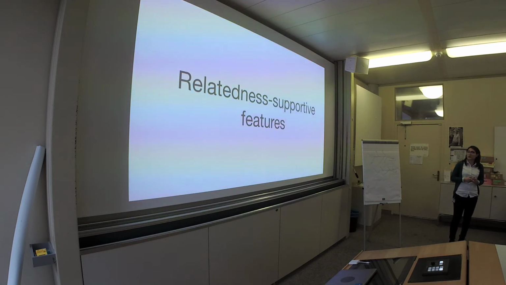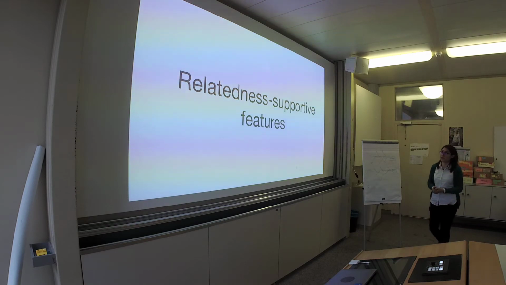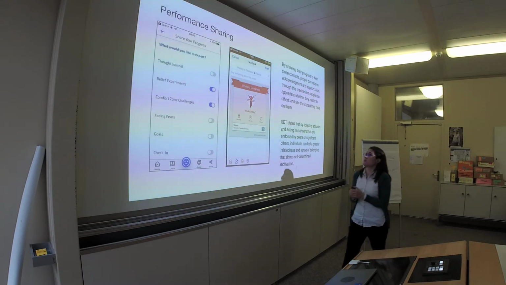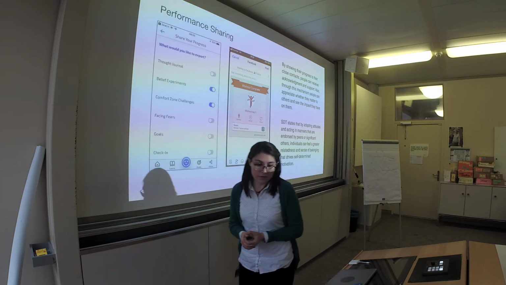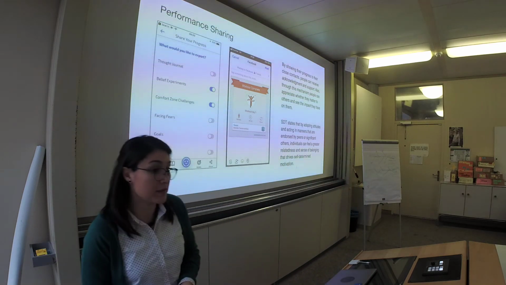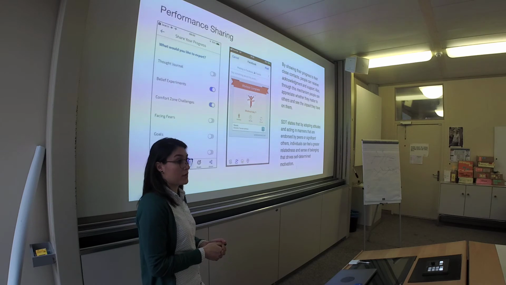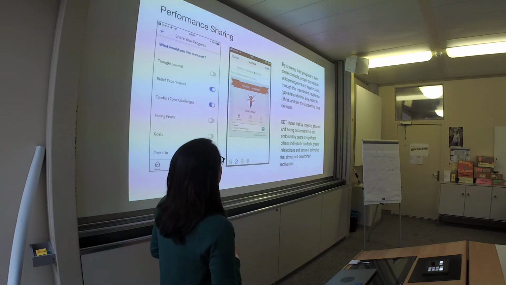Then we move to the related and supportive features. This is the need that it's about people feeling connected or important to other people that are doing the same activity. So one example is performance sharing. So in an app, whenever you're doing a particular activity and then you finish, you want to share this with your other friends or people that are in the app.